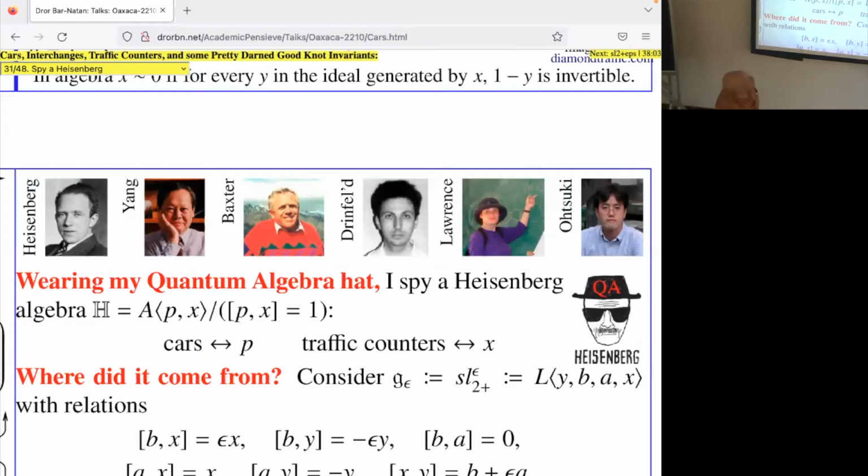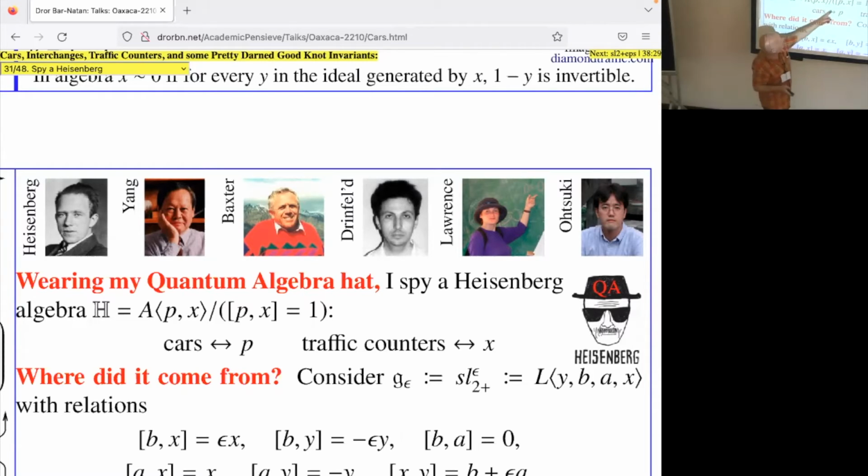Wearing my quantum algebra hat, so I only have 7 minutes left, so I'll wear this quantum algebra hat really, really quickly. The first thing I notice is that there is a Heisenberg algebra hiding in the picture. Because basically, cars and traffic counters behave like the Heisenberg algebra.